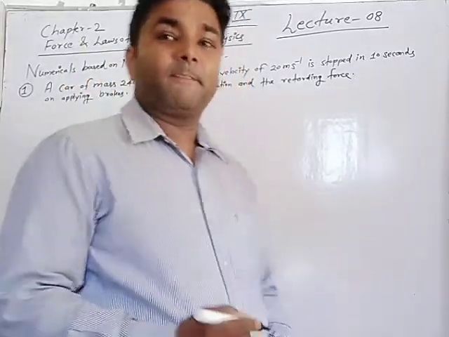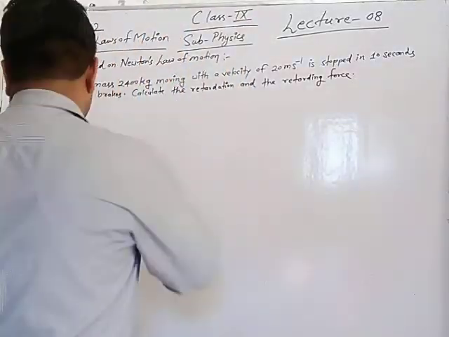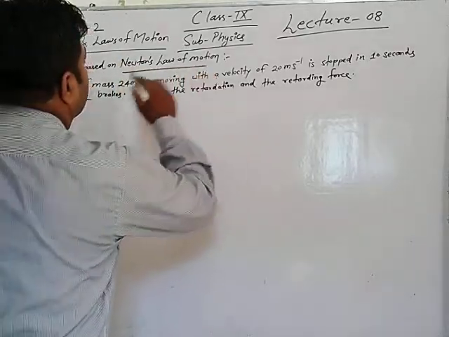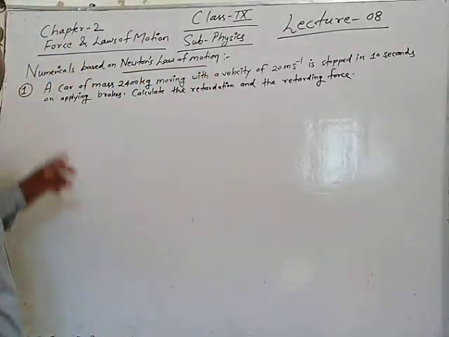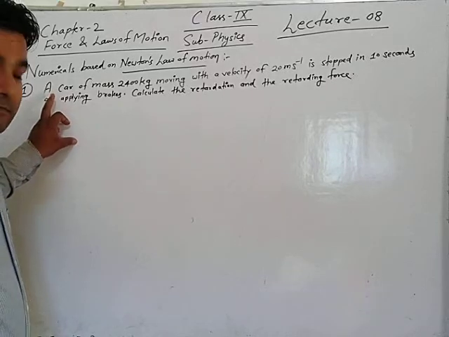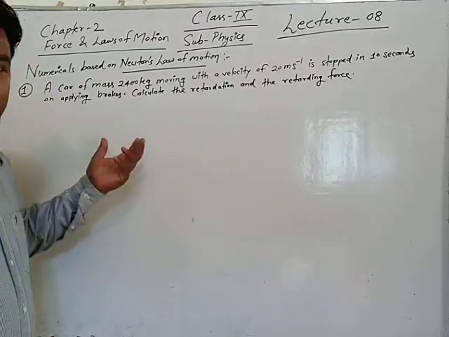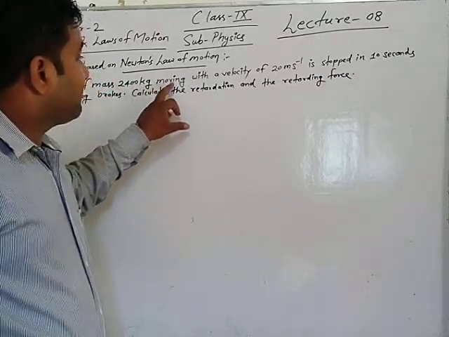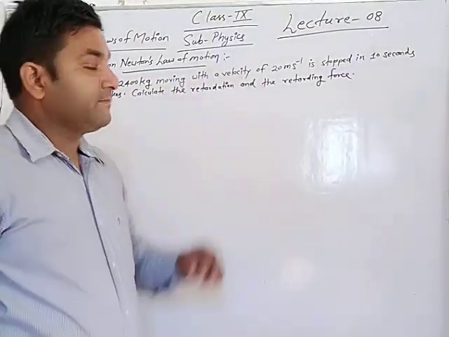So just see, this is the first numerical based on Newton's law. Try to understand what is given and what you have to find out. A car of mass 2400 kilogram moving with a velocity.